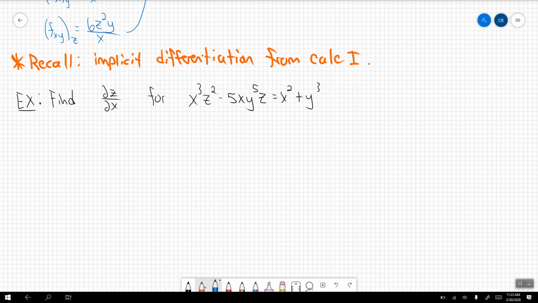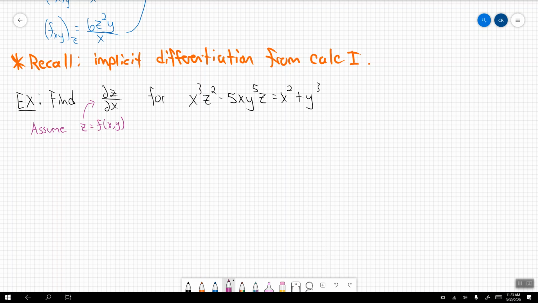So there's a few things that we're going to have to assume here. All right, let's see if we can write this in a different color. I'm going to try purple here. So I'm going to assume that z is equal to some function of x and y because I'm being asked to take the derivative with respect to x.